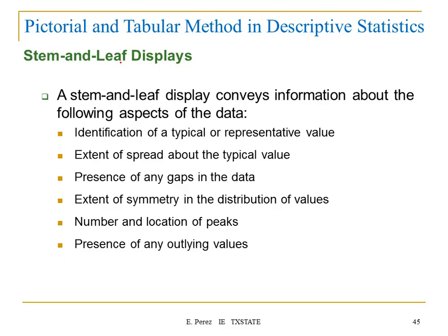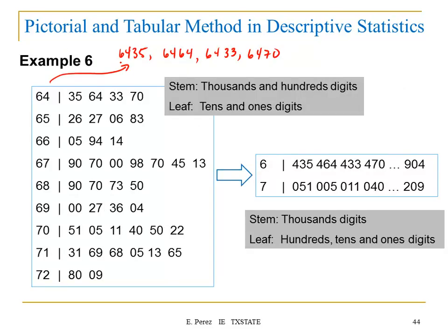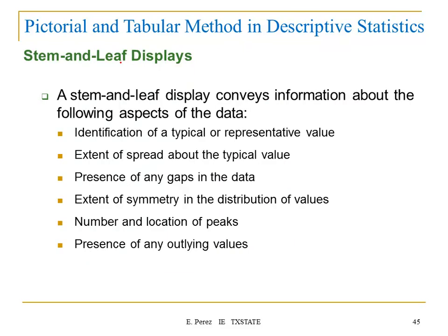Next, extent of symmetry in the distribution of values and the number and location of peaks. Again, we can see the peaks in this particular example. We can identify 67 as one of the peaks because this is one of the rows that had more units. And the presence of any outlying values.